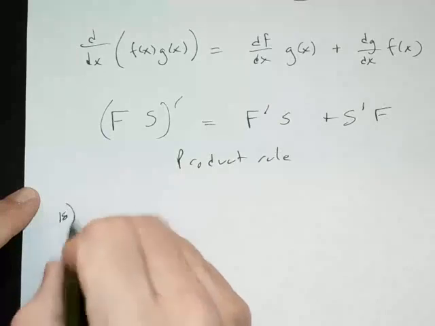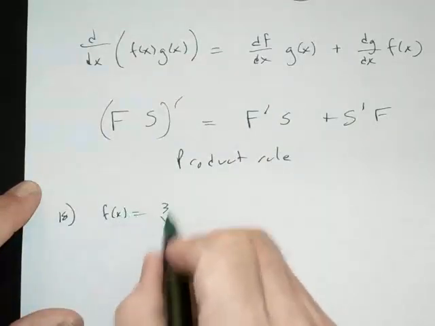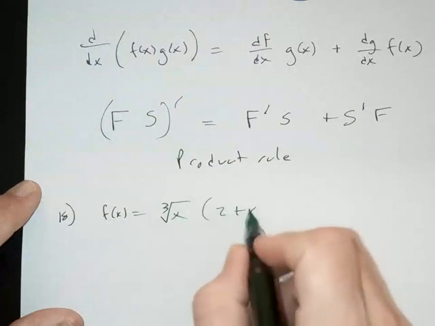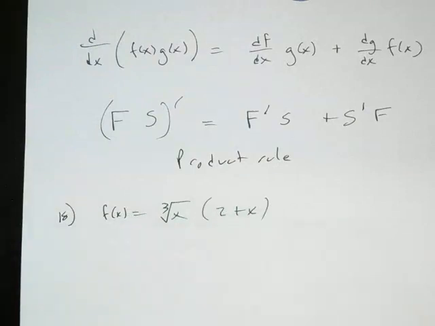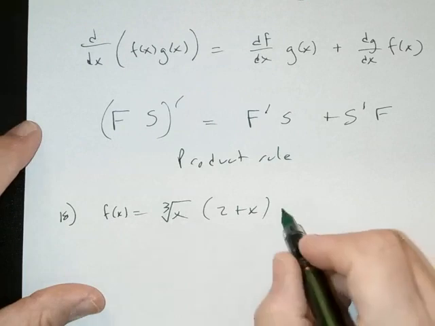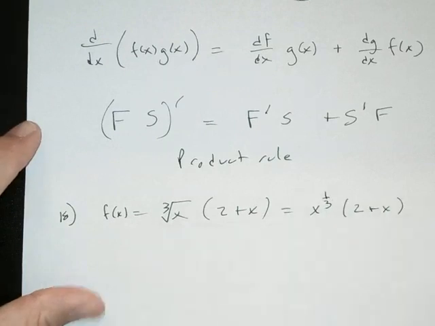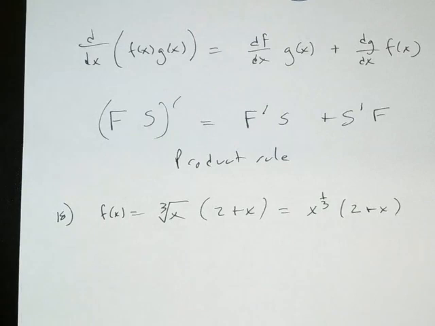In problem 18, we had the cube root of x times 2 plus x. Rather than distribute, I can think of this as first and second and leave them like that. I think it's easier, though, to turn that cube root into a 1/3 power, so I remember how to do my derivative there with the power rule.